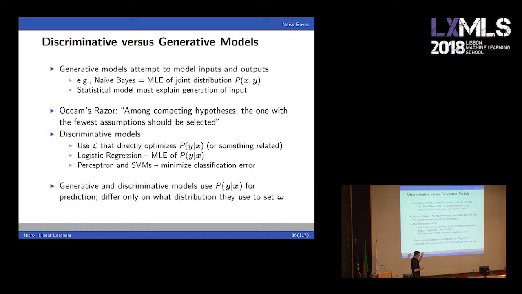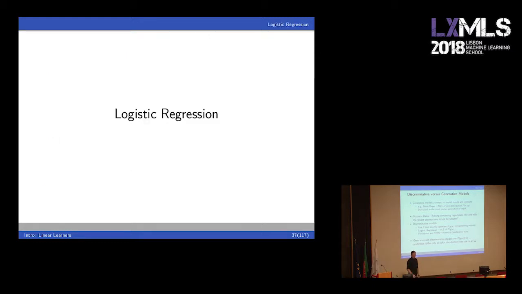So now the discriminative models, or the models that minimize a particular error, are the models to use. And one of the first models that we look at is logistic regression. Okay.